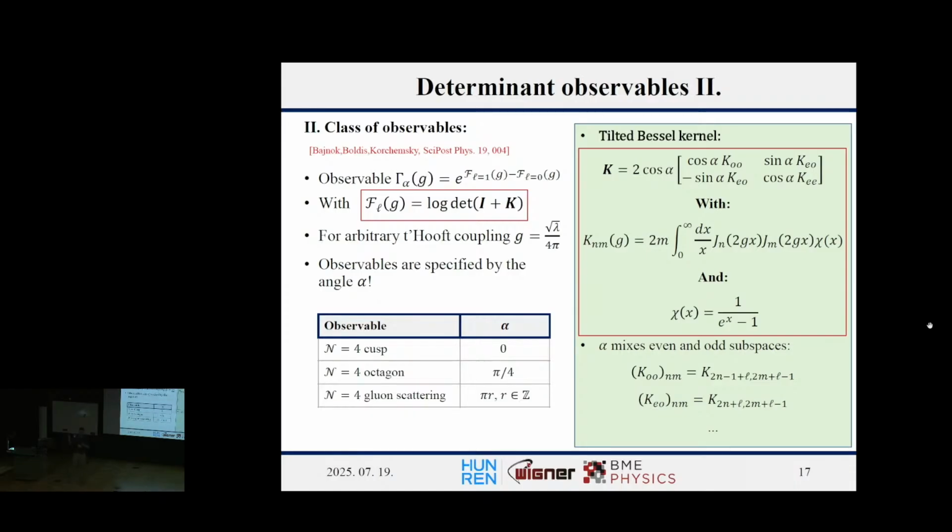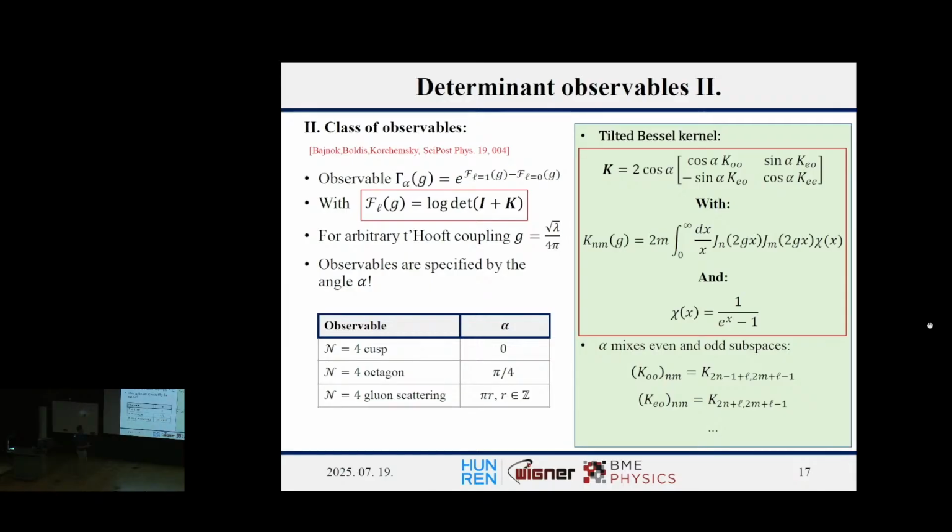How can you compare it to the previous one? In the previous case, by tuning this L parameter, this curly R parameter, you only had either odd or even Bessel functions. Now you have some rotation in the subspace of even and odd Bessel functions.